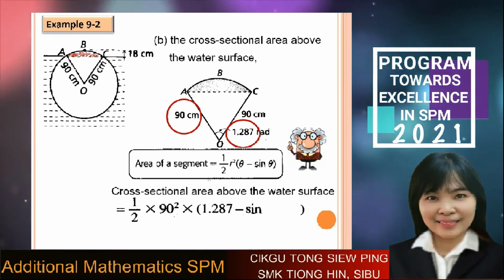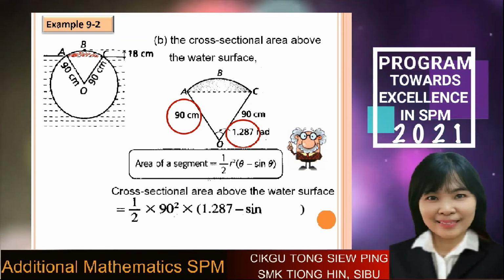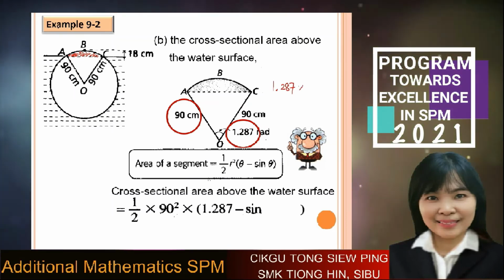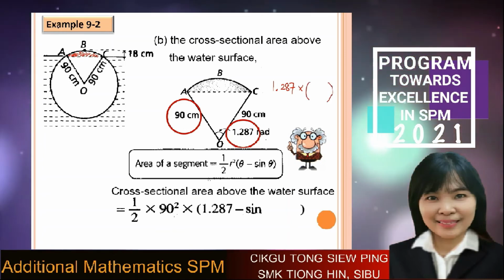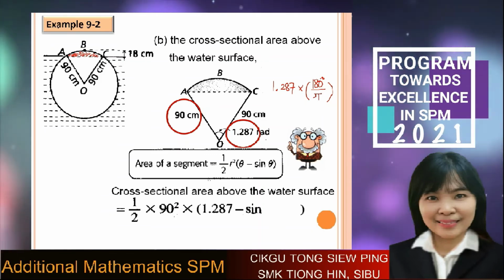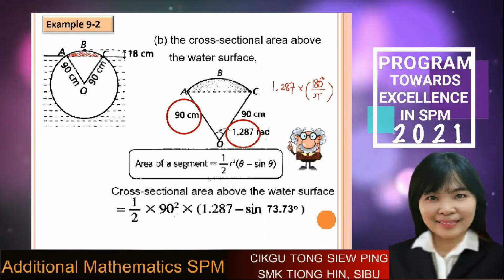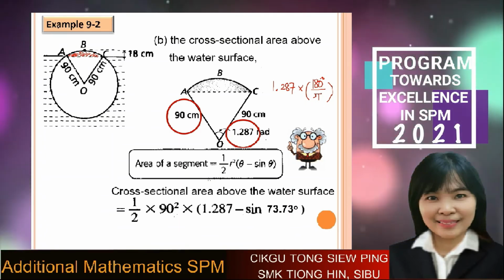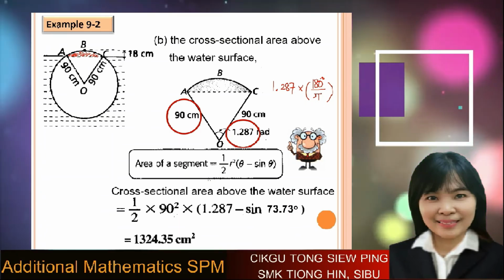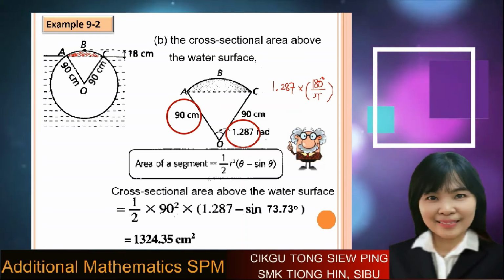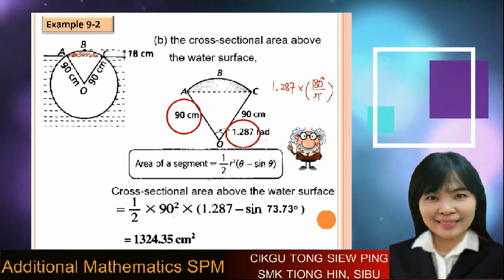Therefore, we need to do the conversion first before we substitute in. 1.287 multiplied by 180 degrees divided by pi, and we get the angle of 73.73 degrees. Then use your calculator, get the answer 1324.35 cm squared.